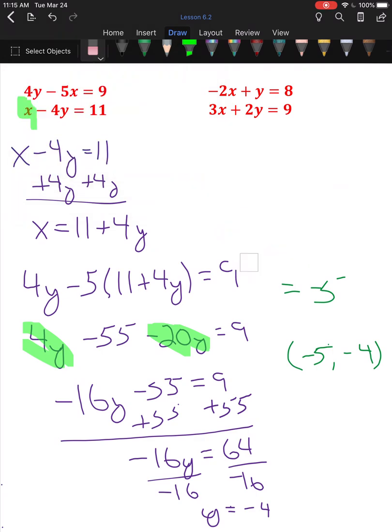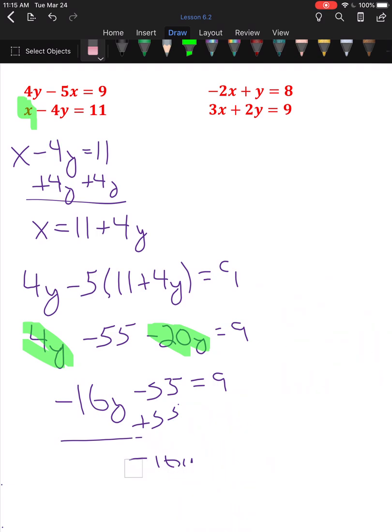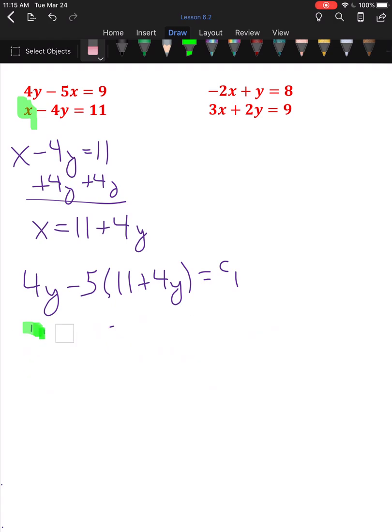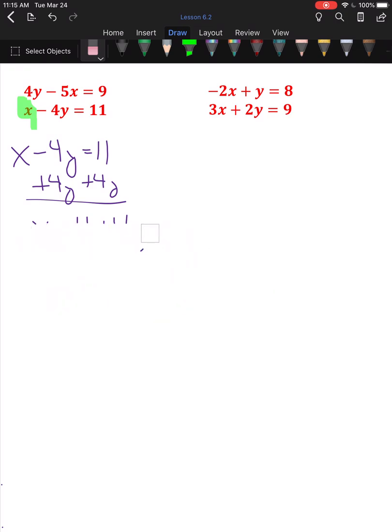And then let me get rid of all this because I'm going to need the space back. The last example, take a look at those two equations. Which variable and which equation should I be getting by itself?